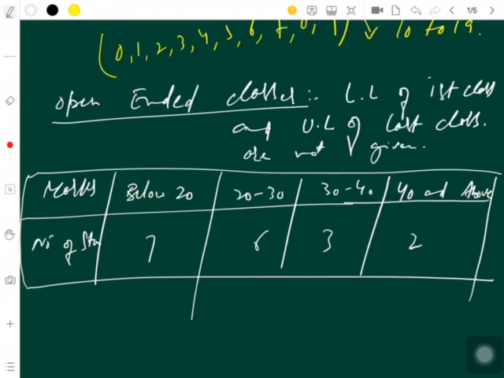You see, the lower limit here is not known. The upper limit here is not known. Below 20 and above 40, if there is anyone, it can be included in this very particular class. Whether it is 70, 80, 100, 110, 150, doesn't matter. If it is above 40, it will be calculated in this very class. This is the shape of what is called an open-ended class.